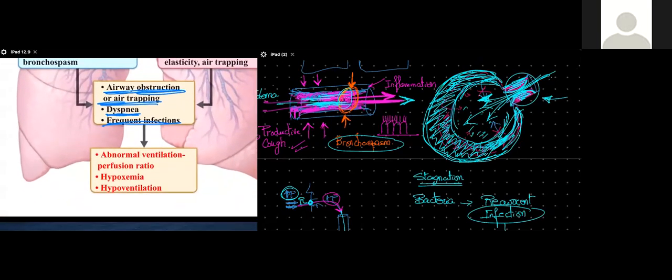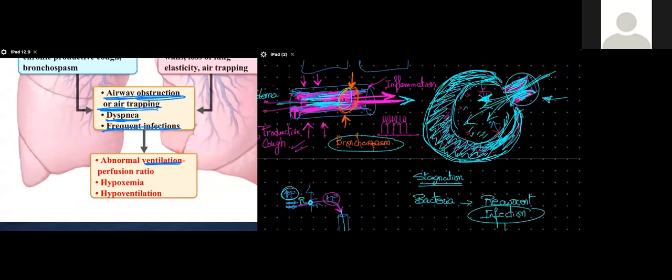If I have air trapping, this will definitely reduce my ability to ventilate. So air is trapped inside. I'm not changing this amount of air in here. I'm only able to change this amount of air. So I have a reduction in the ventilation, which results in hypoxemia.